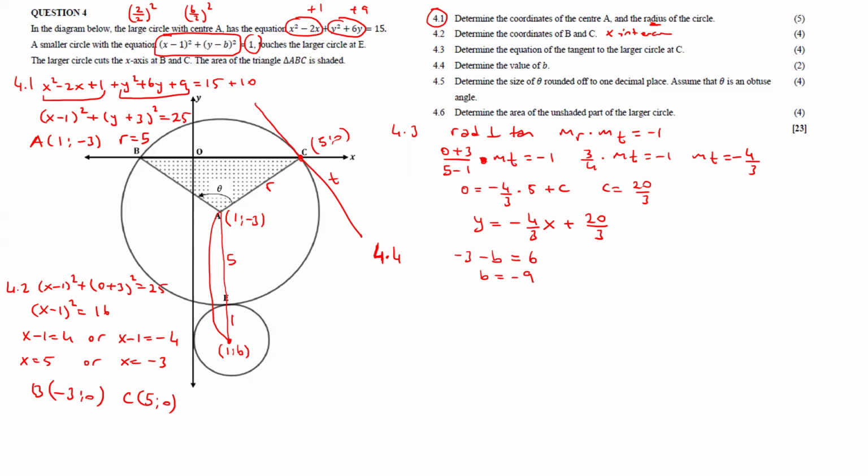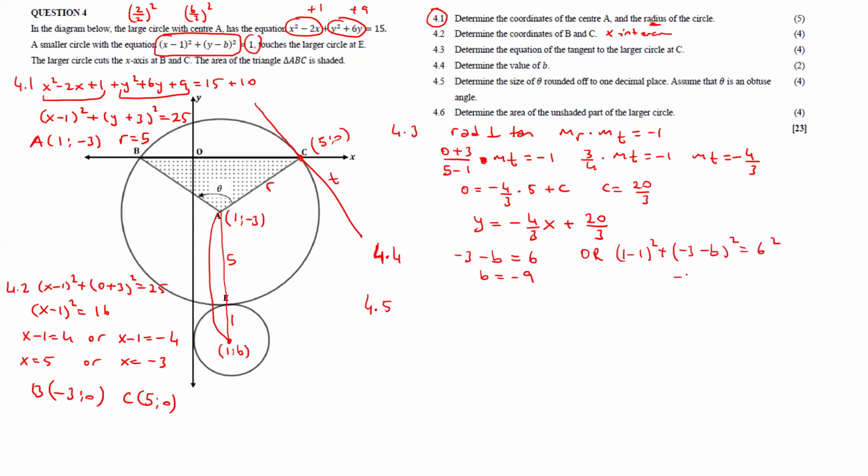Right. If you didn't understand that, you can use the distance formula for 4.4. You can say 1 minus 1 squared plus -3 minus b squared is equal to 6 squared.